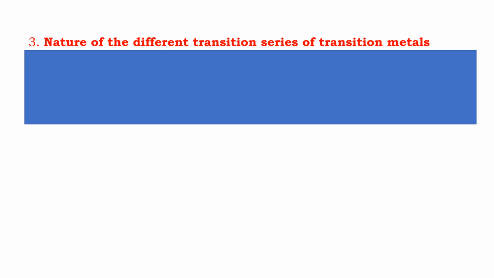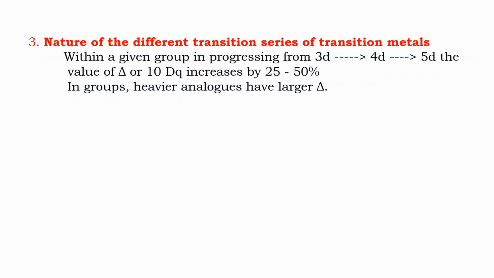That means the 10Dq value for 5d series is greater than 4d series and 4d series is greater than 3d series. So the third factor is the increase in transition series from 3d to 4d to 5d. Heavier atoms have greater delta or 10Dq value.